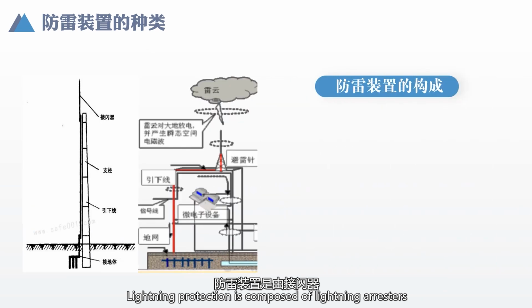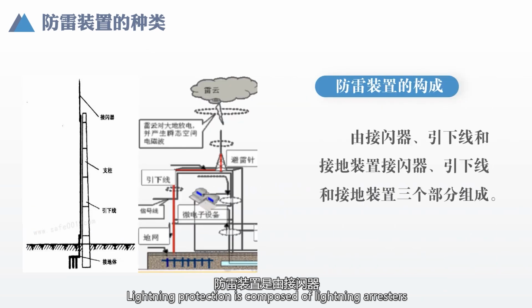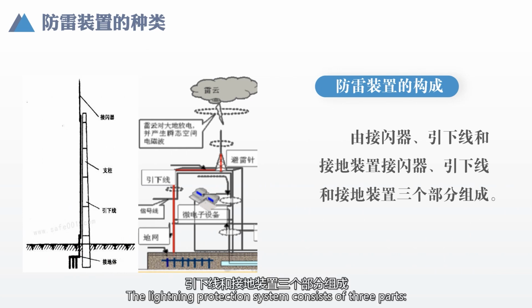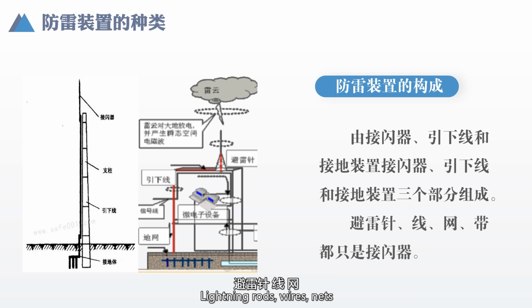Lightning protection is composed of lightning arresters, lead wires, and grounding devices. The lightning protection system consists of three parts: the lightning rod, wires, and nets. Types are only flash arresters.